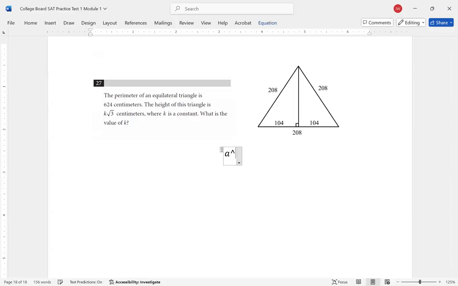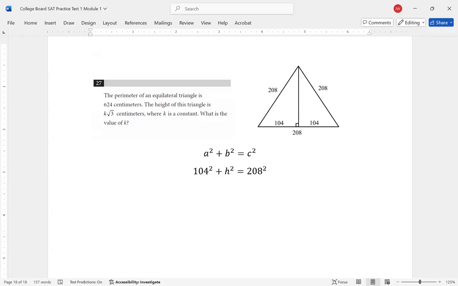So remember, the Pythagorean theorem says a squared plus b squared is equal to c squared, where a and b are the legs of a right triangle, and c is the hypotenuse of a right triangle. If I type that in, I get 104 squared plus the height squared is equal to 208 squared. So this is one option for finding the height.